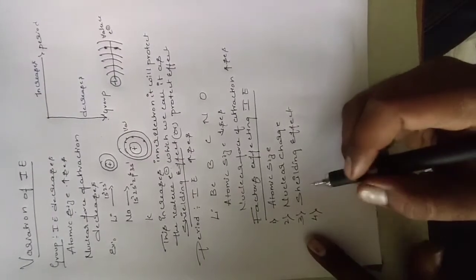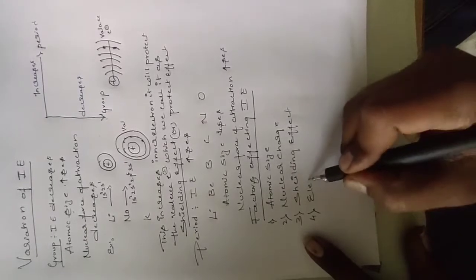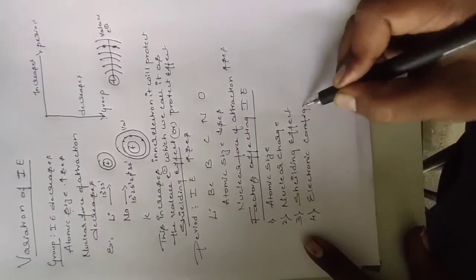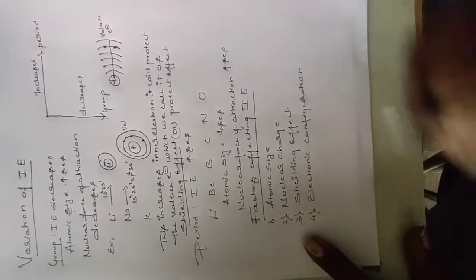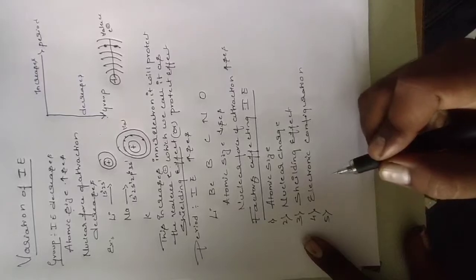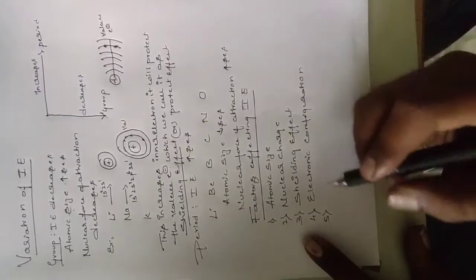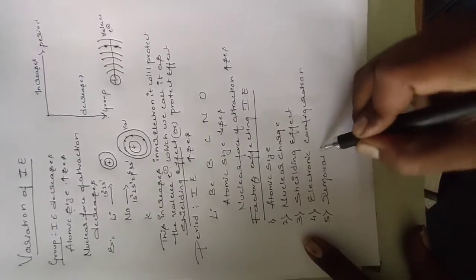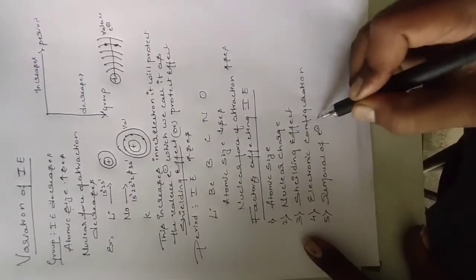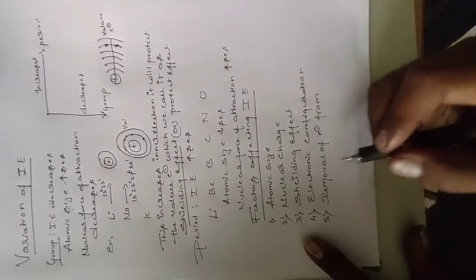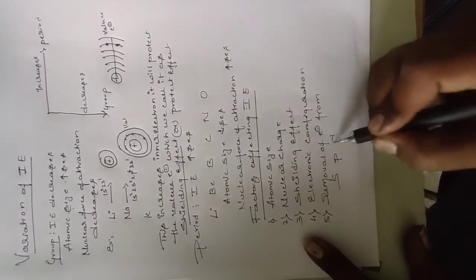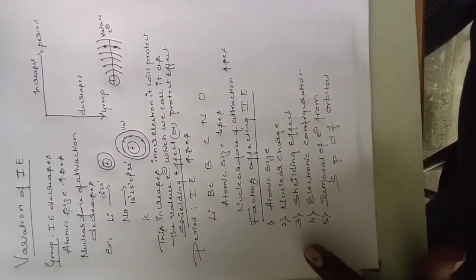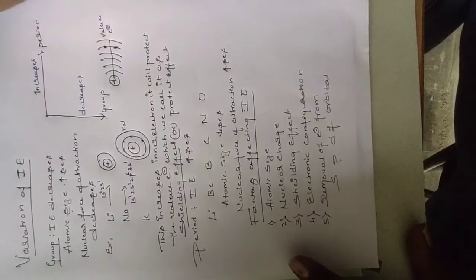Fourth one, electronic configuration. Fifth, removal of electrons from the orbitals, that is s, p, d, f orbitals. These are the factors affecting the ionization energy.